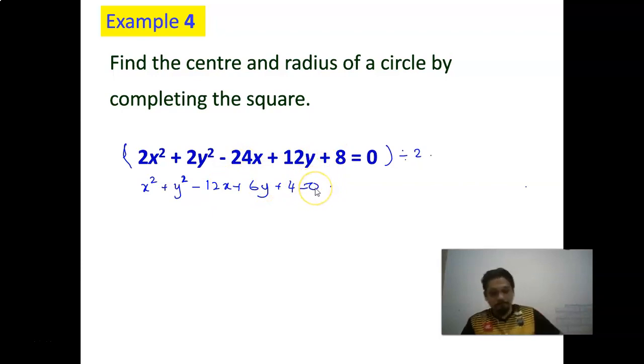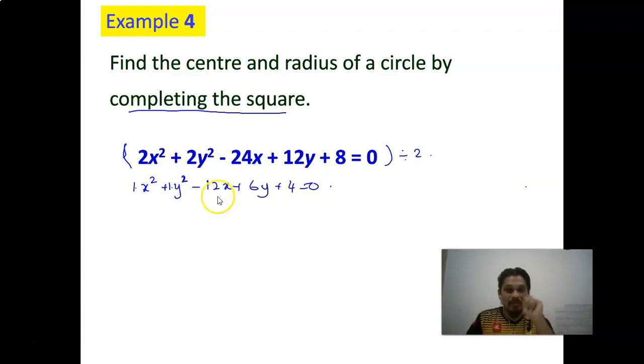Okay, now using completing the square one by one. But before that, for the first part, before the process of completing the square, make sure that the coefficient of x squared and the coefficient of y squared are equal to 1.